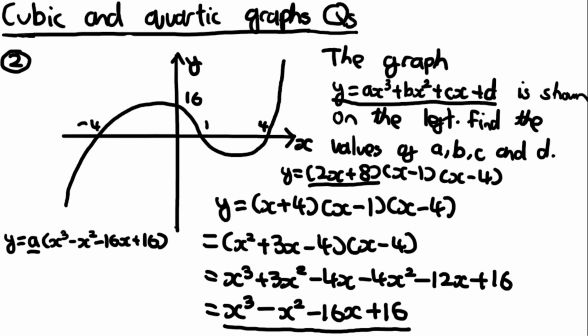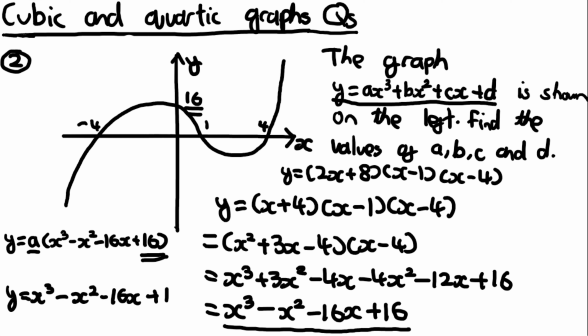Well, the way we can check this is, remember that the last number is going to be the y-intercept, and therefore as the number that we've got here is the same as the y-intercept, we know that a is just going to be 1, aka that a doesn't exist, so therefore it's just going to be y is equal to x cubed minus x squared minus 16x plus 16 as the final answer.